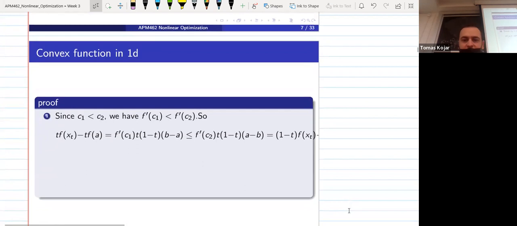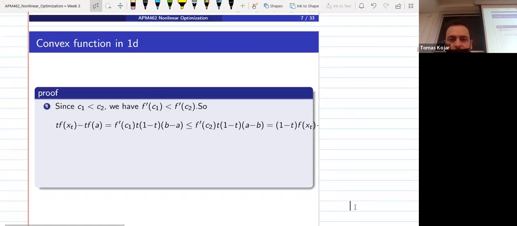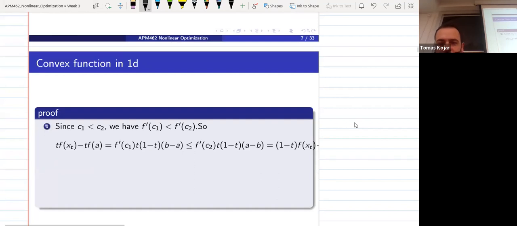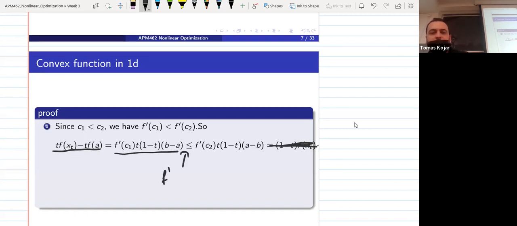So let me fill in that mess there. This is equal to this F prime. Here we use that F prime of C1 is less or equal than F prime of C2.